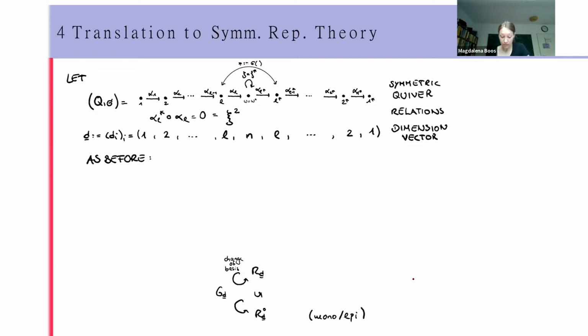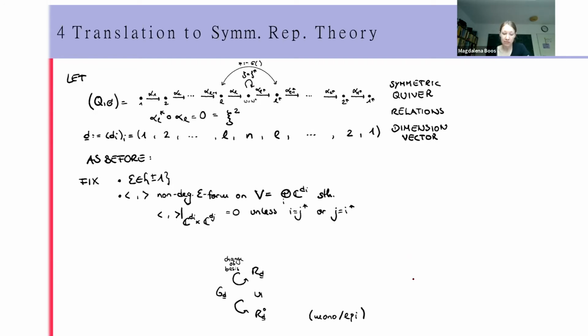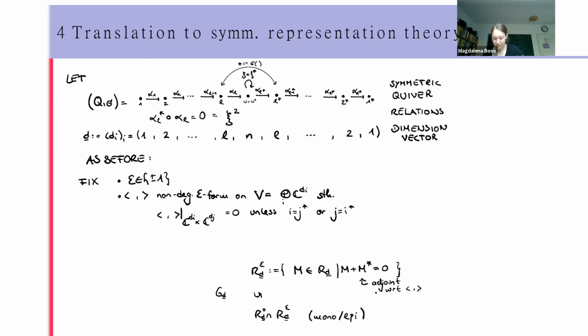So as before, we fix a sign, we fix a form. That's the same. And then we say that R_D epsilon is the variety of epsilon representations as defined in the last section. And of course, then we need to restrict R_D^0 to the epsilon representations.